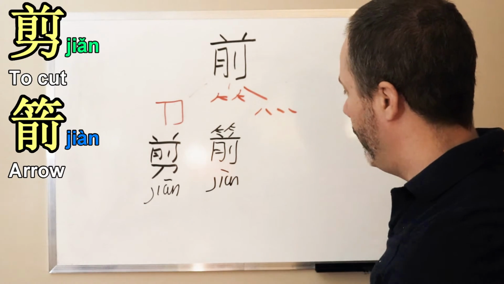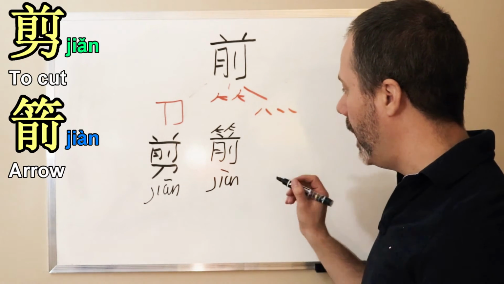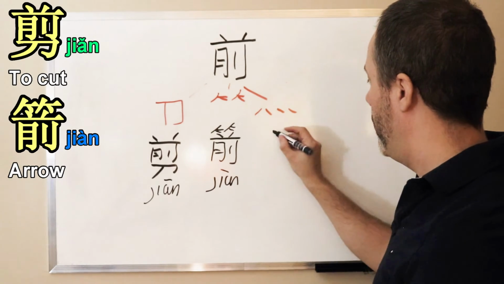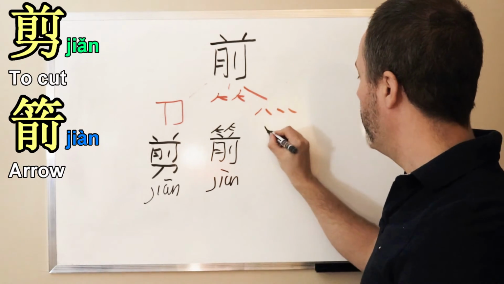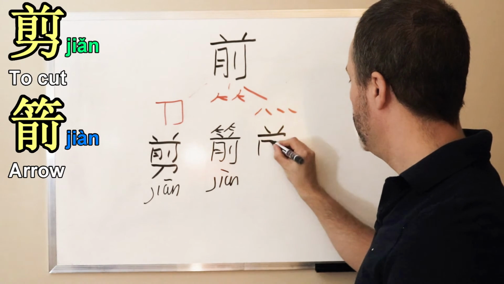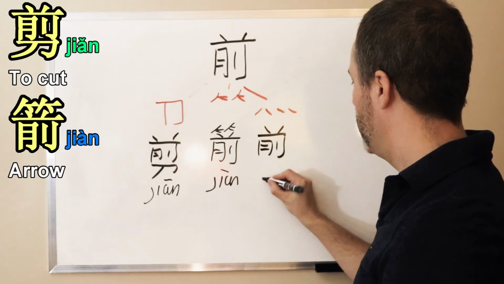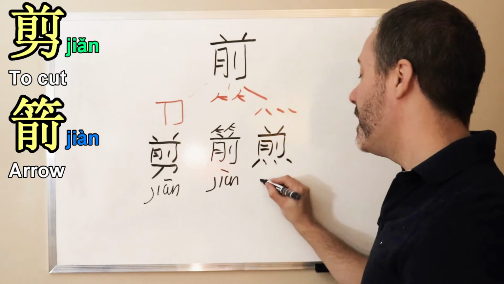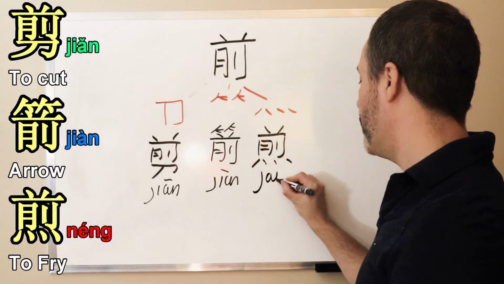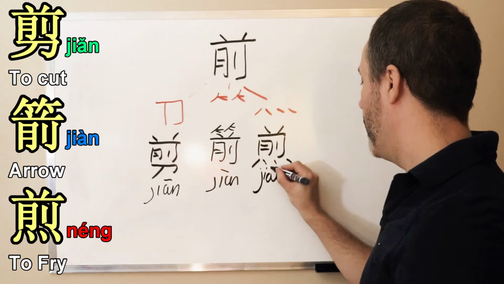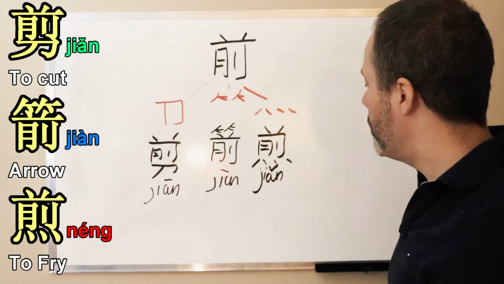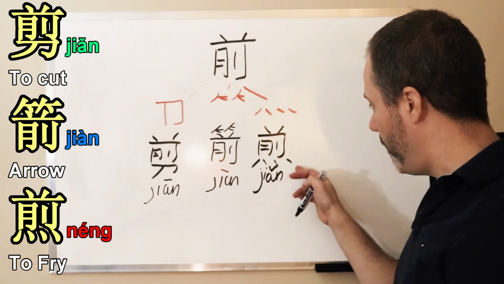Now, if I want to add another character, which is the fire, yes, it's fire there, at the bottom, it will become, and guess what? Yes, jian. This one is now 3rd tone, and it means to fry, because there's some fire.